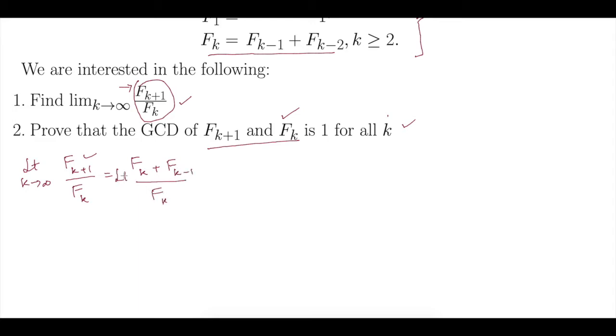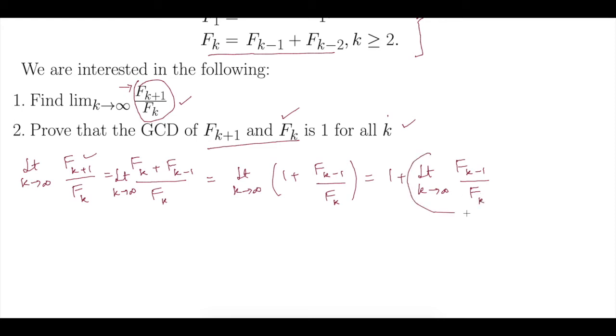And then again, limit k tends to infinity, so I can say this is limit k tends to infinity 1 plus f of k minus 1 over f of k. Correct? So then I can take this one out: 1 plus limit k tends to infinity f of k minus 1 over f of k.